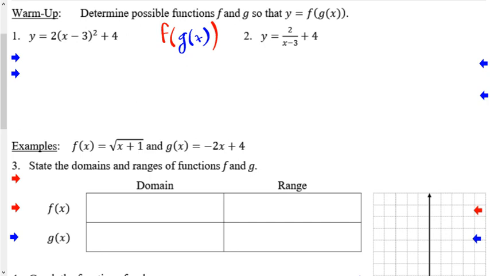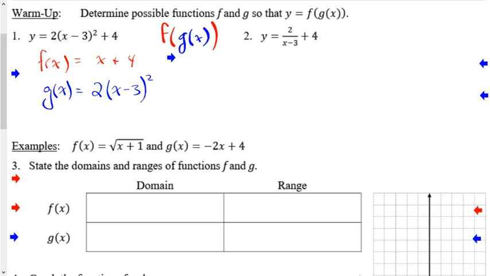Well, here I've just indicated the color coding I'm going to use, where f of x is my outside function, g of x is my inside function. There are many different answers we could have to this question. I will show just two that I came up with. Here's one of them. I could say that my outside function is x plus 4.